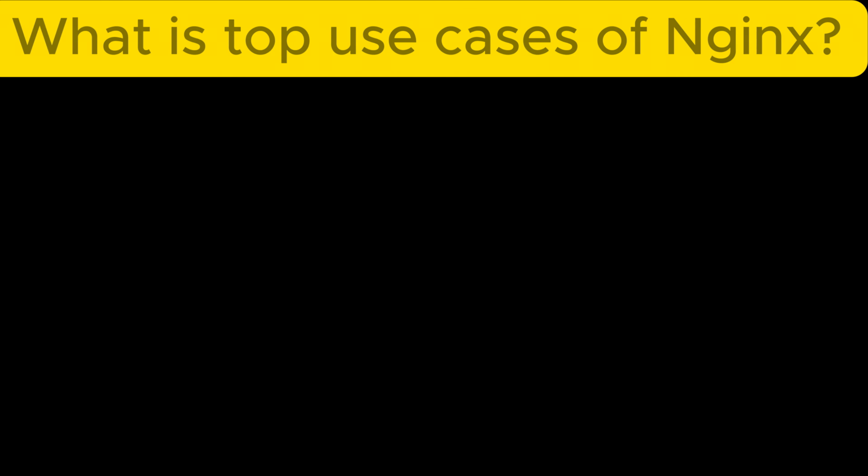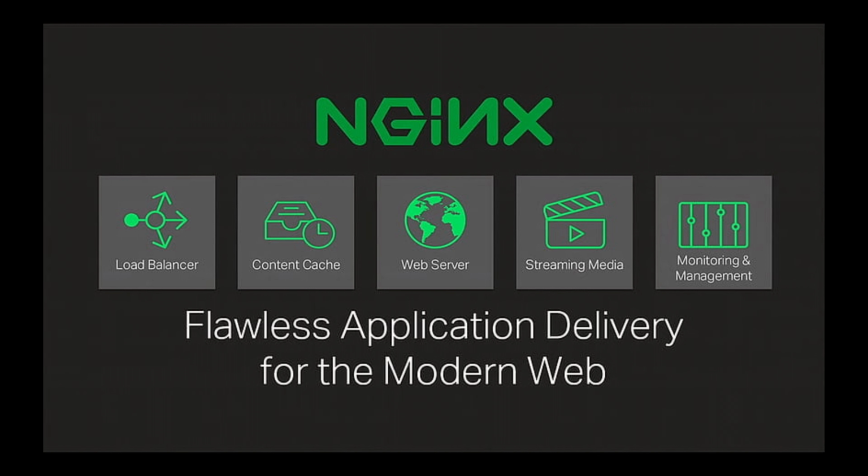Last but not least, NGINX is commonly used in conjunction with Docker and container orchestration platforms like Kubernetes. It serves as a reverse proxy and load balancer for containerized applications, facilitating deployment and scaling.